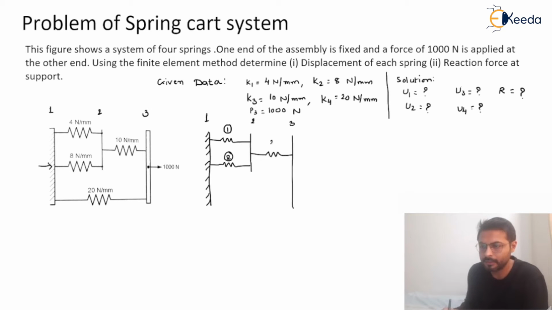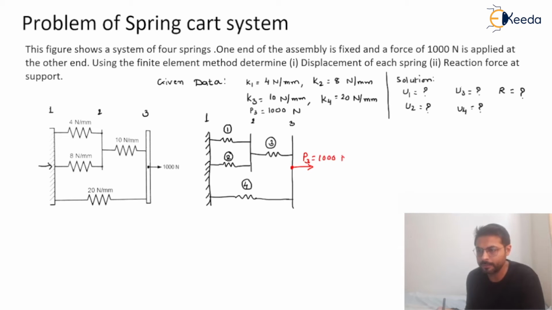And between node number 1 and 3, there will be element number 4. Due to the force application at node number 3, P3 is 1000 Newton, and due to this force there will be a reaction R at node number 1. So this is my free body diagram.